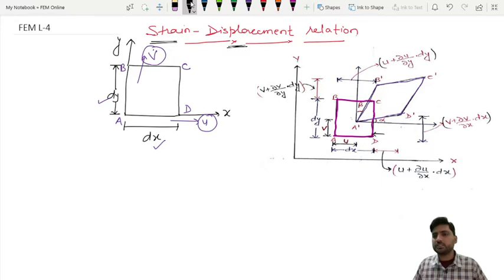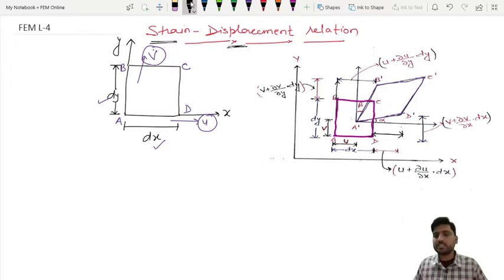If we find that, then we will add this and we will get the total displacement. Similarly, from here to here, what will be that displacement? So we need to find these things. Once we find these, then we will get the total displacement and the initial displacement, and then we can find the strain.